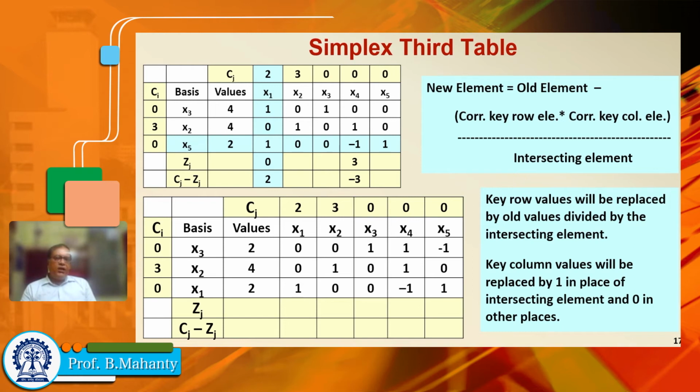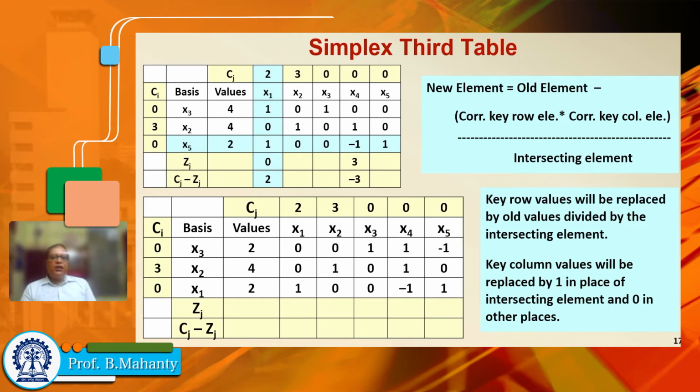Now the intersecting element is 1 only, so the same thing will be repeated, but x5 will be replaced by x1. So in this case it is 2 1 0 0 minus 1 1. Then the key column should be transformed to 0 0 1. Alright, so key column is taken care of, key row is taken care of.